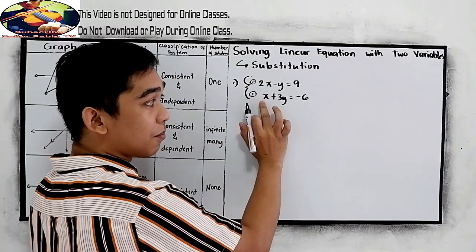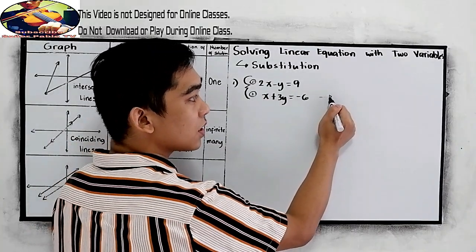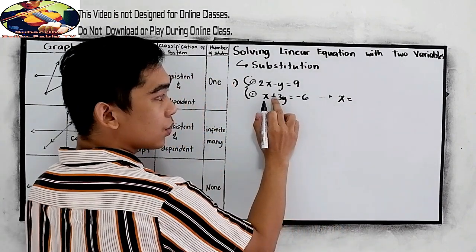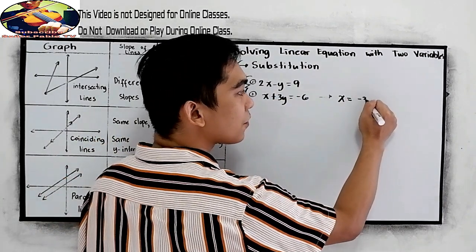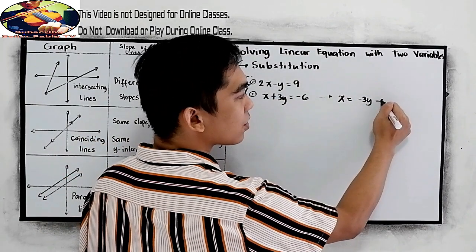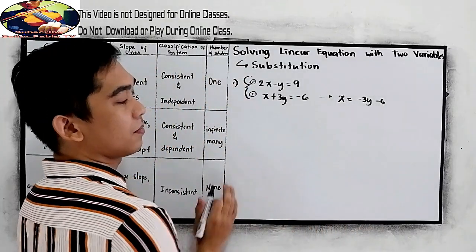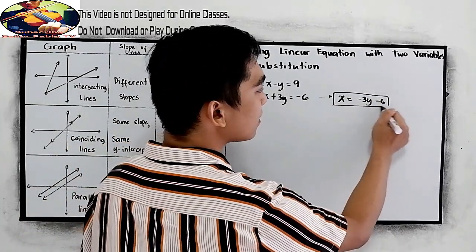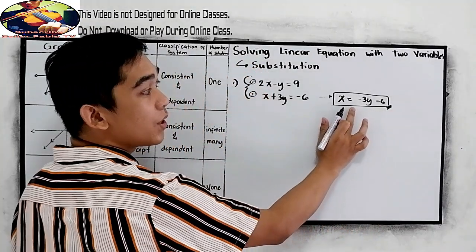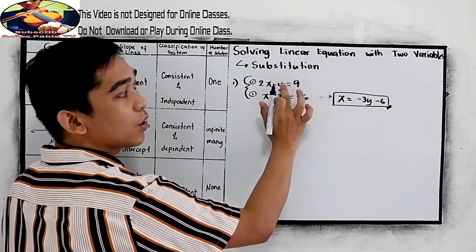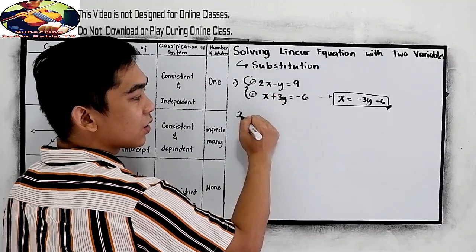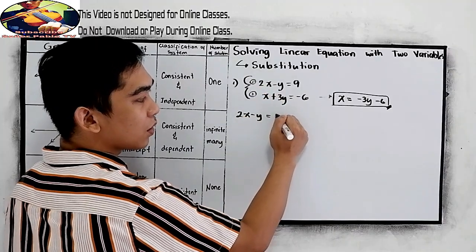Now, let us find first the value of x. Let us use equation number 2. So this is also the same as x is equal to negative 3y minus 6. Okay, they are the same. Now, after getting the value for x, we need to substitute it in equation number 1. So equation 1 is 2x minus y is equal to 9.